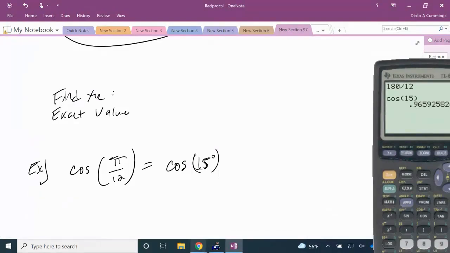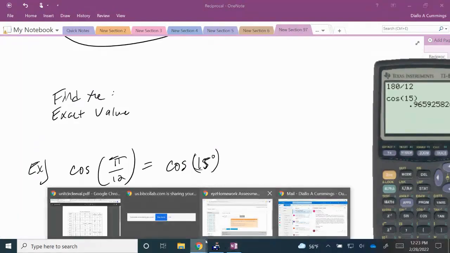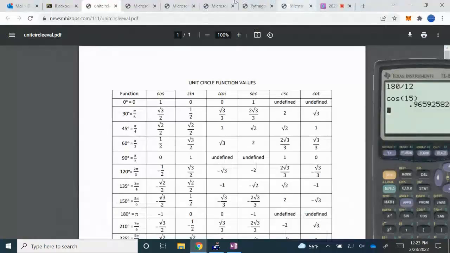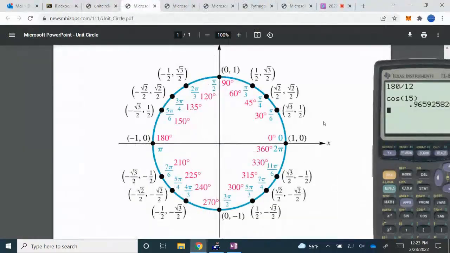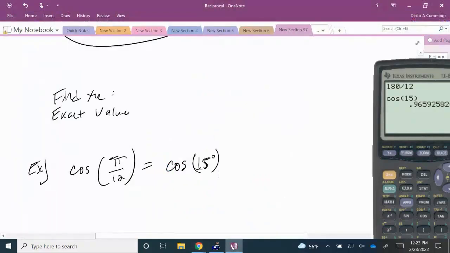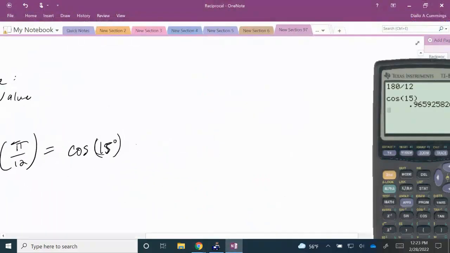So now, how can I use a combination of the angle measures in the unit circle to get 15 degrees? Well, I'm going to use 45 and 30, right? So I'm going to rewrite the cosine of 15 degrees as the cosine of 45 degrees minus 30.